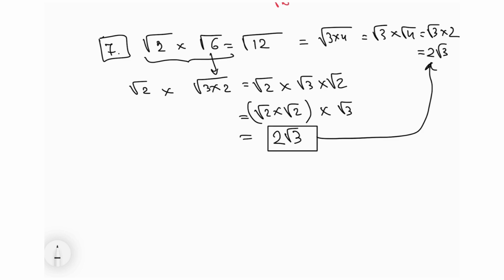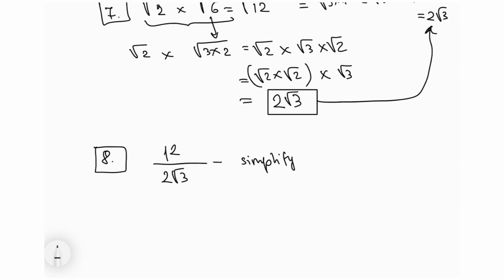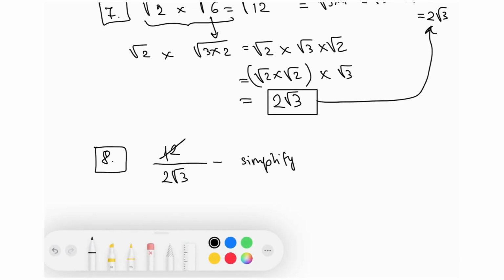Let's see. Question 8. 12 over 2 square root 3, simplify. Okay, so well, here we can cancel. I will write again.